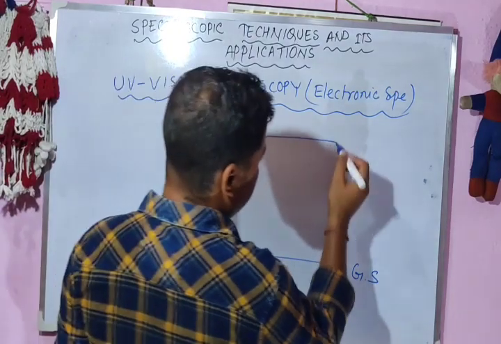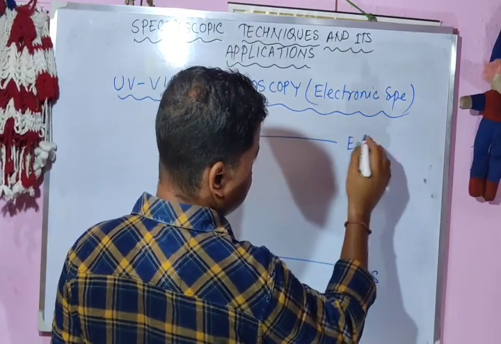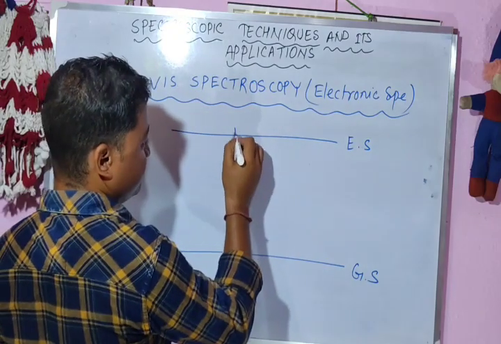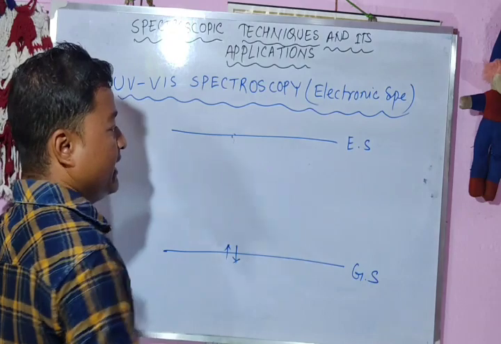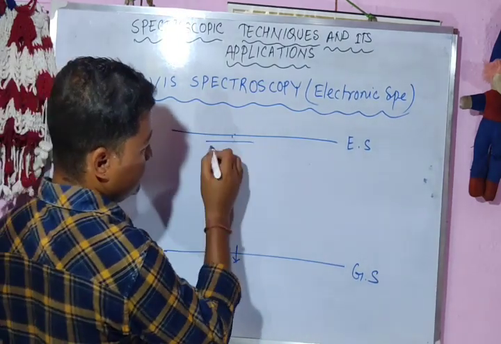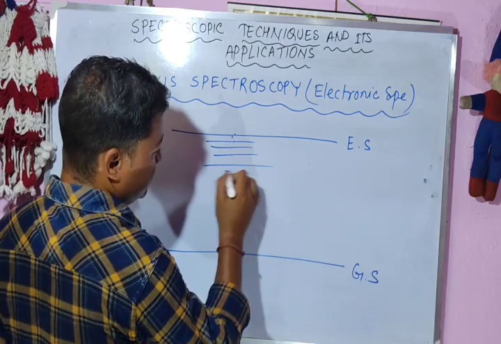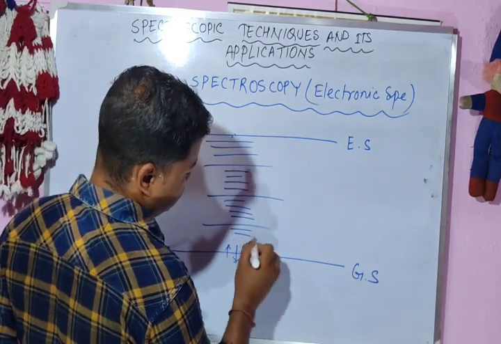Then there is the first excited state, that is the electronic excited state, and between them there are so many energy levels: electronic, vibrational level, rotational level, and so on.